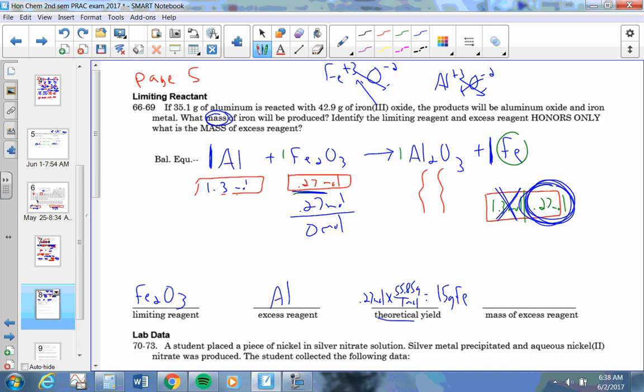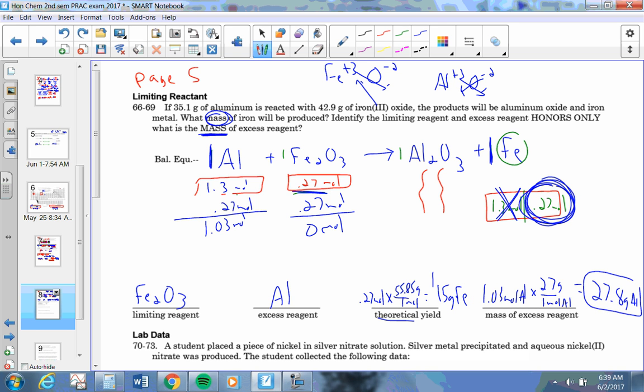I'm only making 0.27 moles of iron, so I can only use up 0.27 moles of aluminum. 1.3 minus 0.27 is 1.03 moles of aluminum. I'm pretty sure it says what is the mass of excess reagent, and 1 mole of aluminum is 26.98 or 27 grams, so I'm going to have an extra mass of 27.8 grams of aluminum. There's one of my answers, another answer, another answer, and another answer.